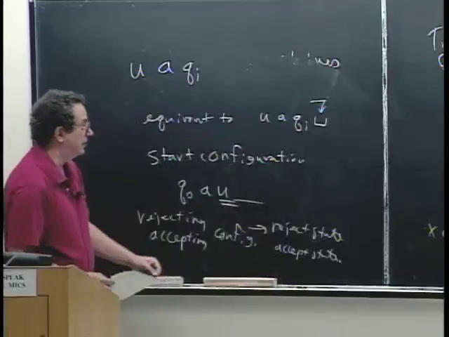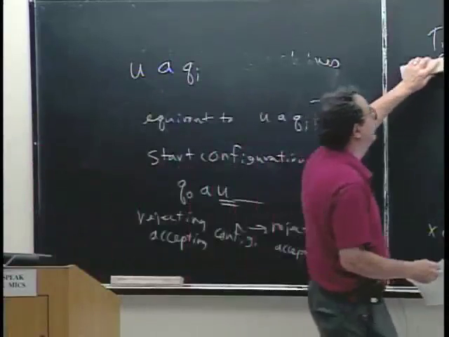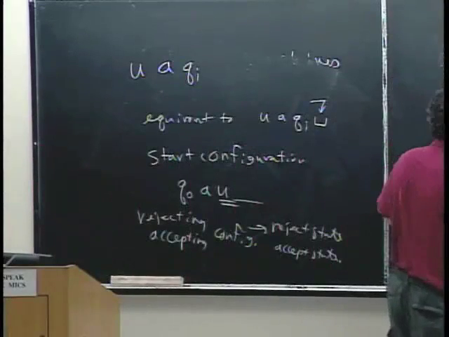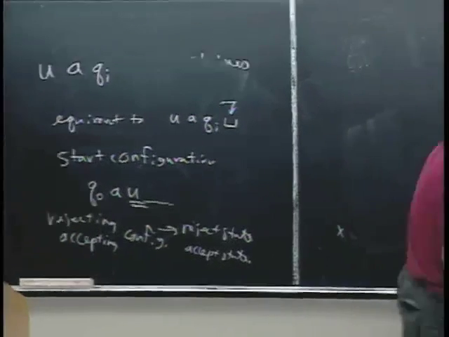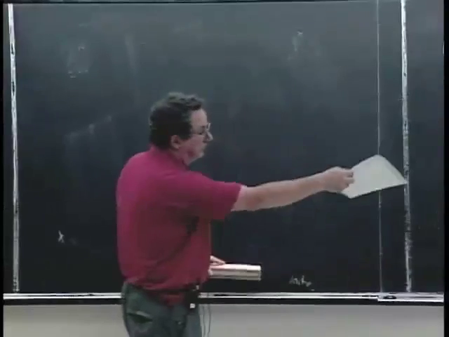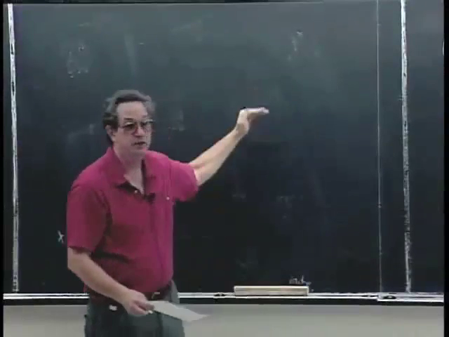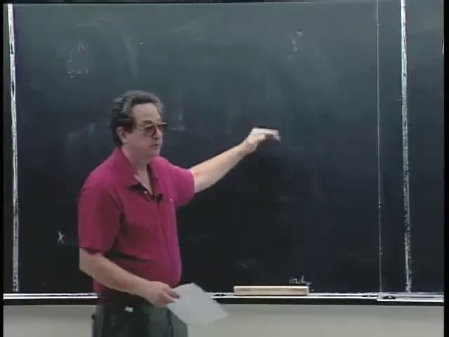So a computation of the Turing machine is really a succession of configurations where each change corresponds to a transition rule.